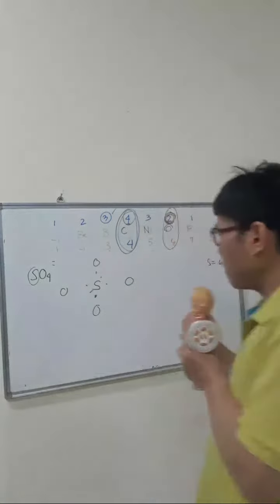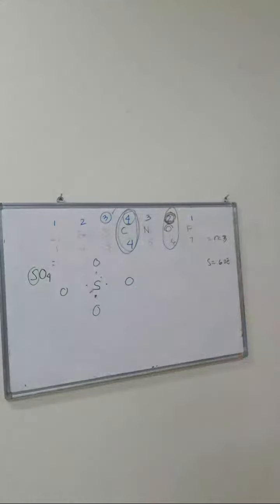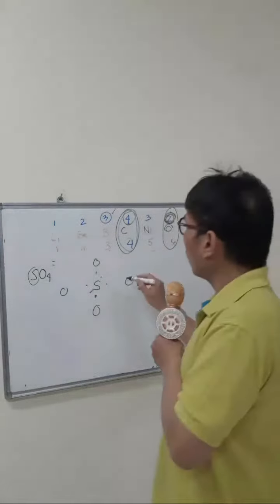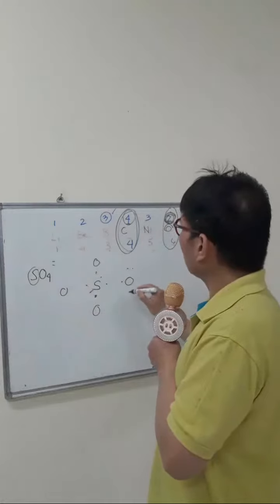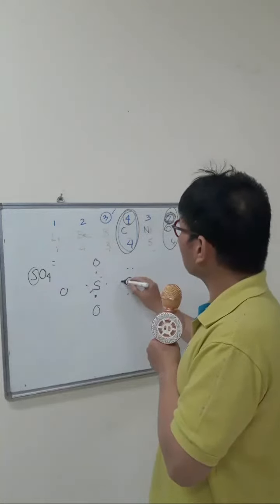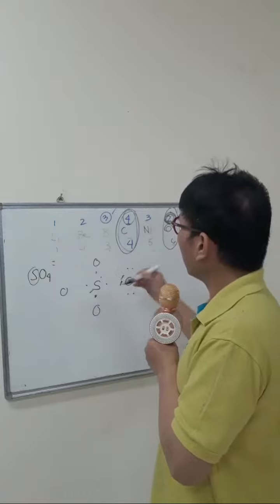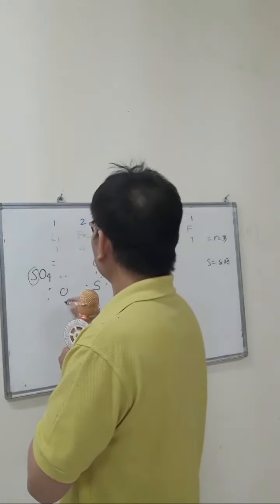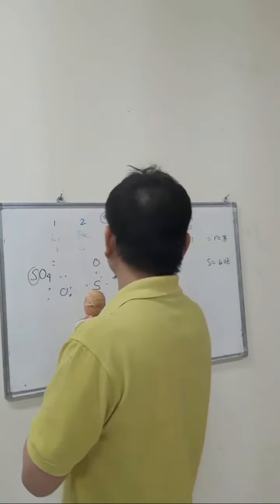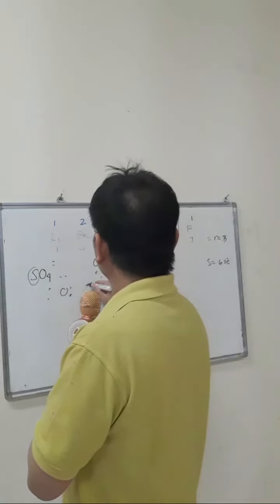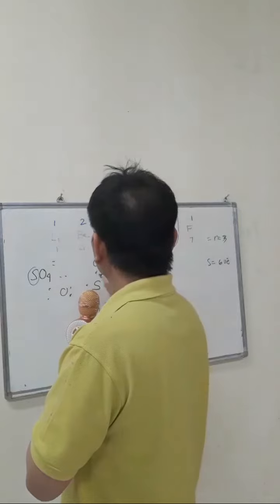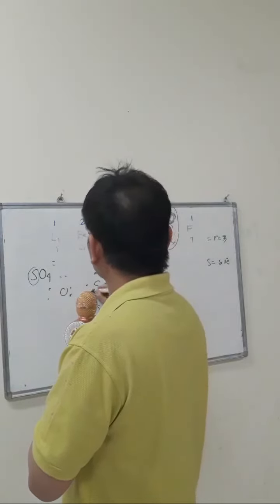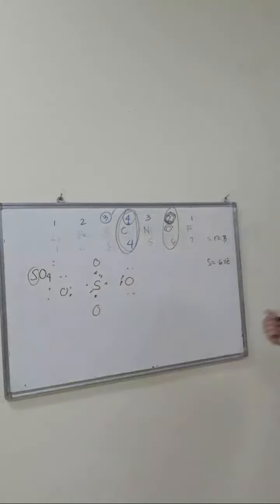Oxygen and sulfur are in the same group, group 6A. So 6 valence electrons both.